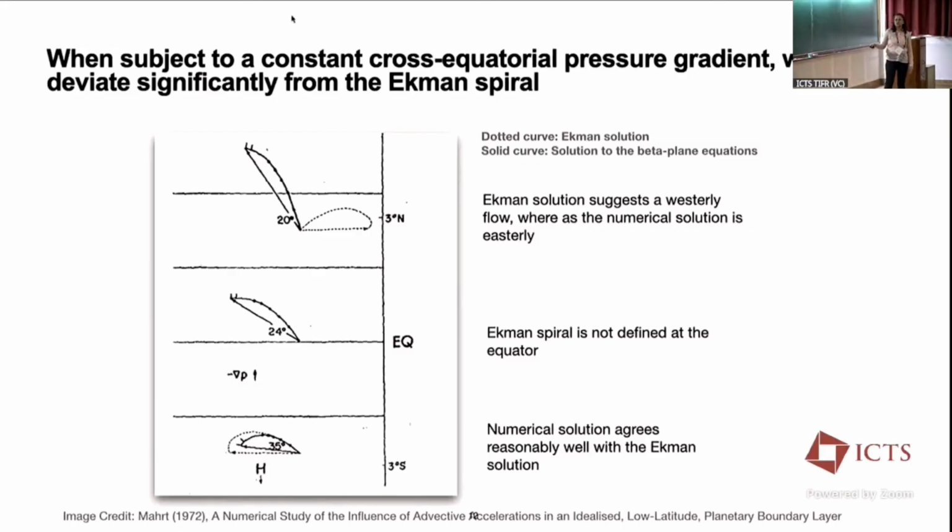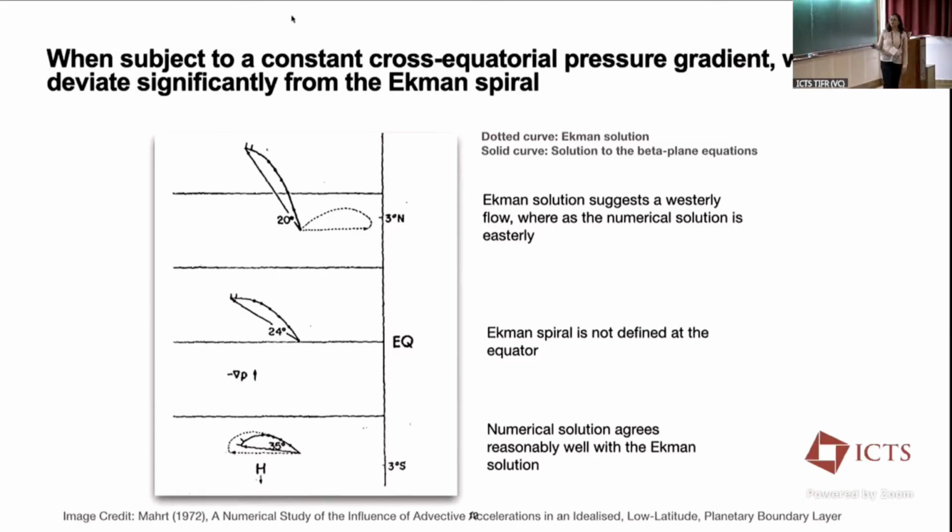You see that at 3 degrees south, the numerical solution agrees reasonably well with the Ekman solution. At the equator, you really can't test it because the Ekman spiral is not defined at the equator. If you look at 3 degrees north, the Ekman spiral says that the geostrophic wind has to be westerly, but the numerical solution doesn't agree with it.